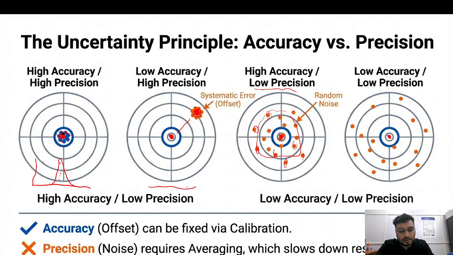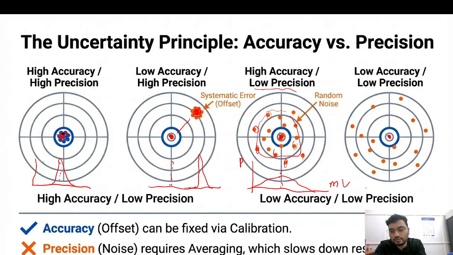But in this case, your target value was here, but you are getting the value here, very sharp. Here, you are getting the target value achieved, but it's not concentrated, so it will come in this way. This is the probability, and this is the measurement value. Here it is totally different; the average value might be coming somewhere here. So the target value is here, but your average is coming somewhere else.